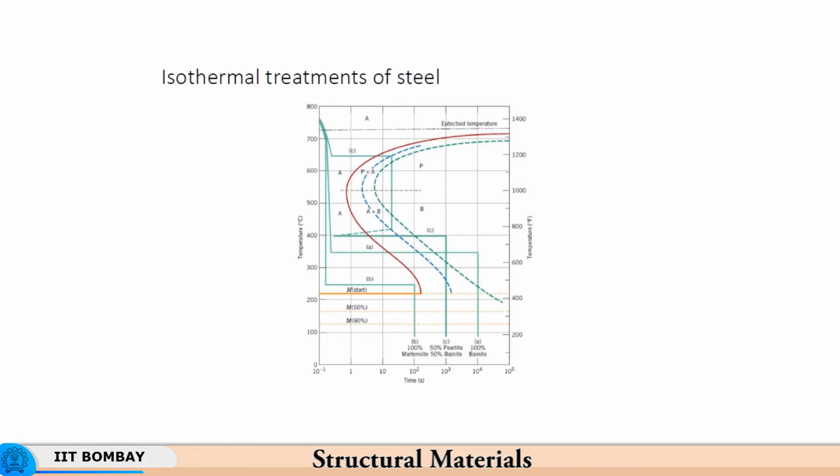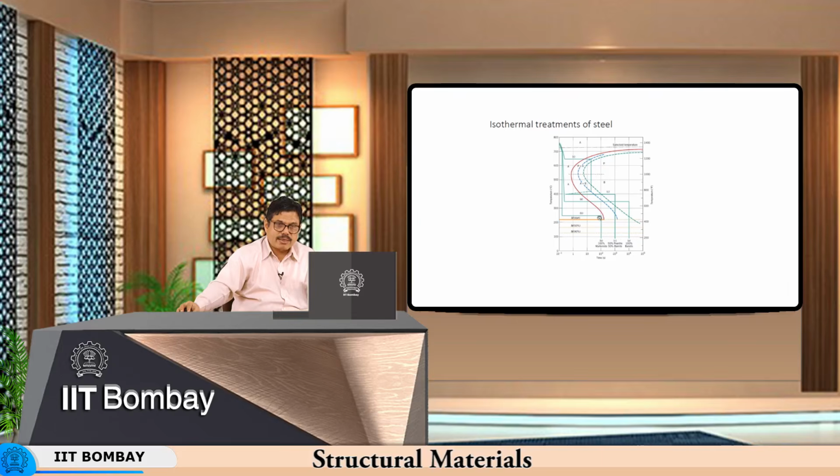So, there are no temperature gradients left behind. Normally what happens is the surface transforms first, the interior transforms later, and then there are stresses which are generated, because when the interior transforms later there is volume expansion, while the surface which has already transformed will tend to contract because temperature has decreased very rapidly at the surface. The interior lags behind in terms of temperature profile, the interior tries to expand, the exterior tries to contract, and then there are tensile stresses set up at the surface and there is cracking.